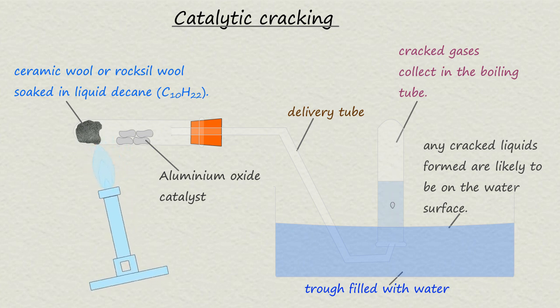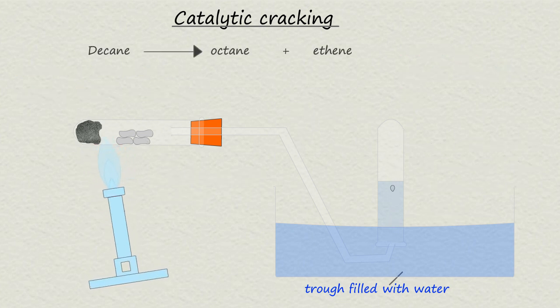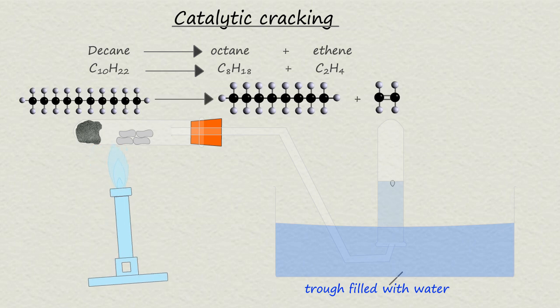The products formed can vary from these cracking reactions, but as an example, let's say that the molecule decane cracks to form ethene gas and octane, which is a liquid. The ethene gas will be collected in the boiling tube, and the octane liquid is likely to be found floating on top of the water since it is insoluble in water.